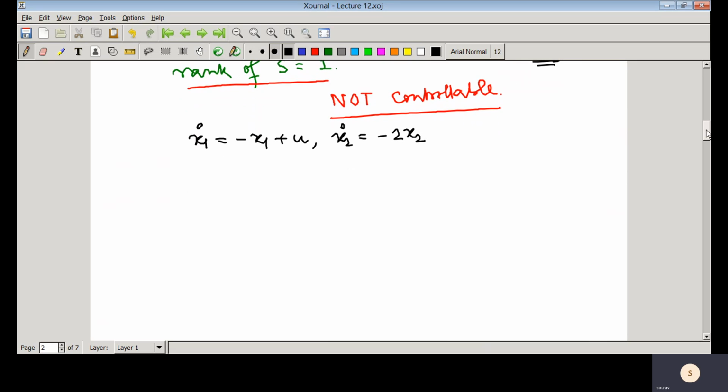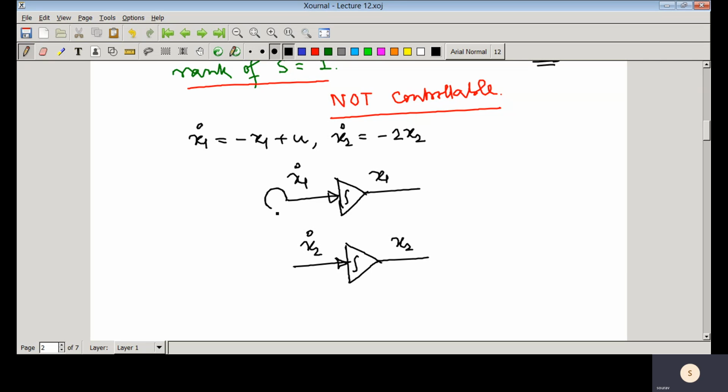If we draw the state diagram, you have two integrators. Here you have x1 dot, you have x1, and you have another state variable x2, and here you have x2.